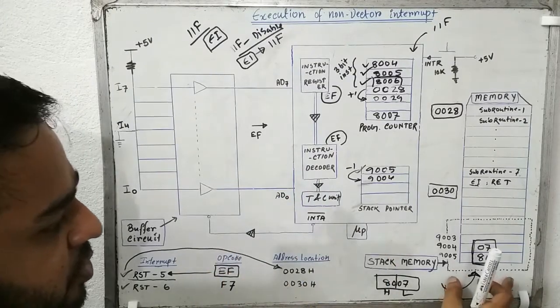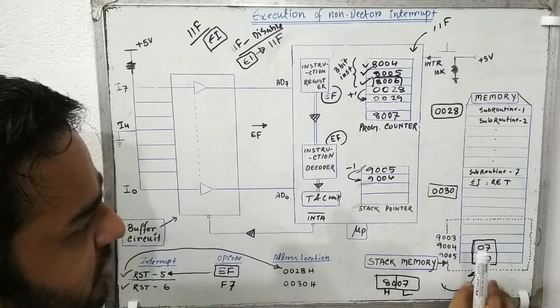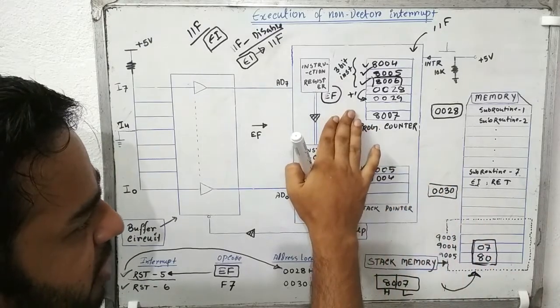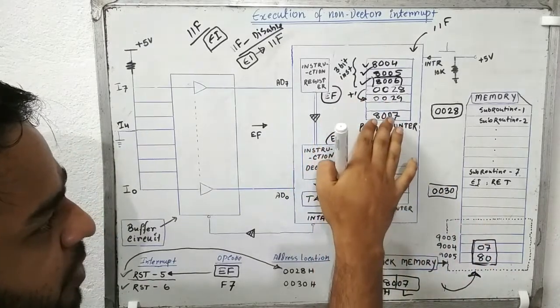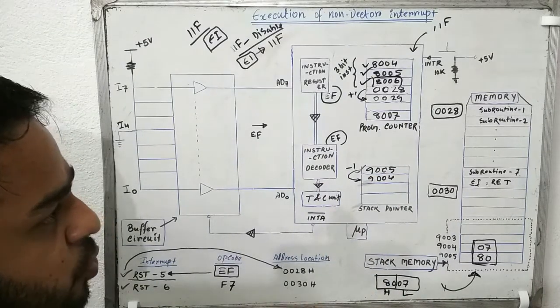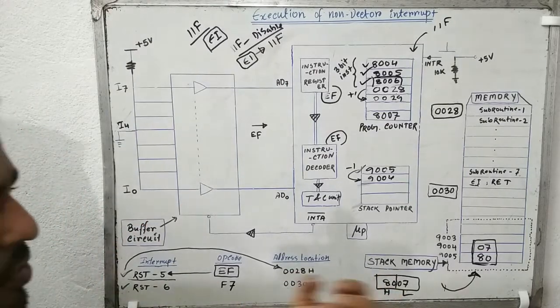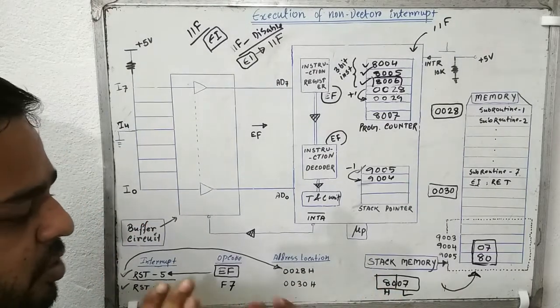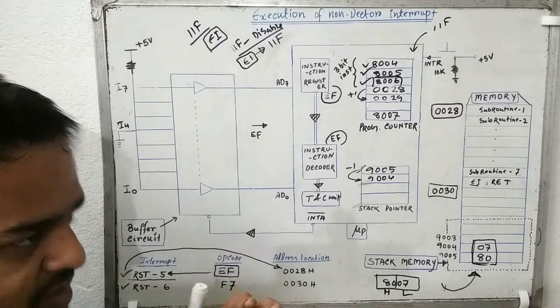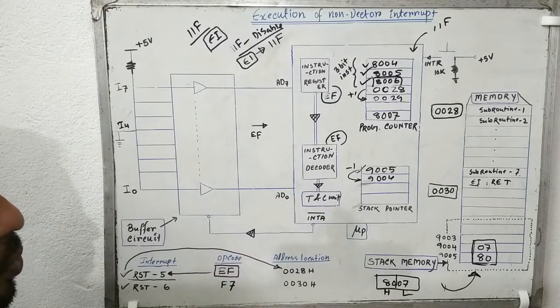It comes straight here, retrieves that particular main program address, stores this address to the program counter, and starts to perform the rest of the main program which remained to be executed. That means first the interrupt request is performed immediately, then the main program. So this was the execution of non-vector interrupt that I have elaborated here.